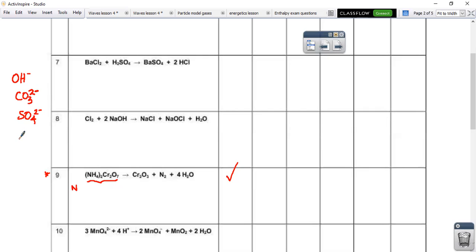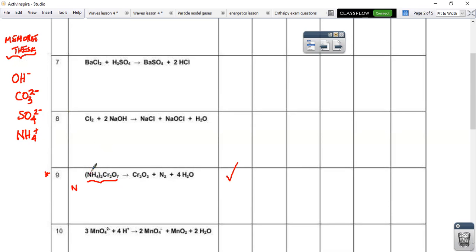What about the next one then? Ammonium? The NH4 plus. Well done. So memorize these. You need to know these, okay? Now they're very important, especially in a situation like this.